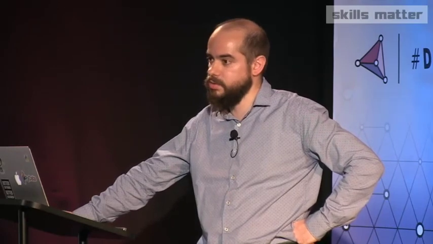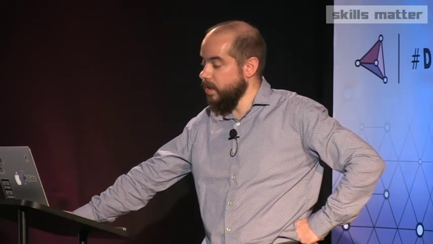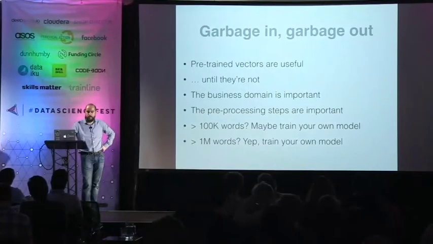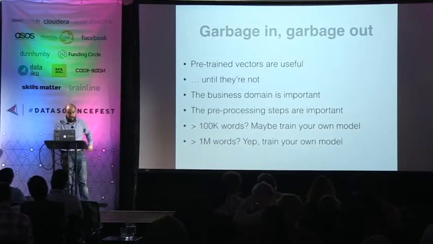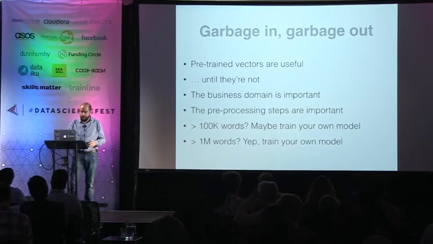And in particular, if you have about 100,000 words in your data set, you can pick up some of this relationship and interesting similarities. And if you have 1 million words or more, definitely train your own model. 1 million words is a small data set anyway.